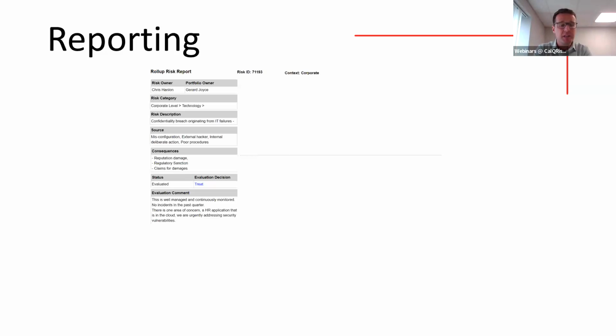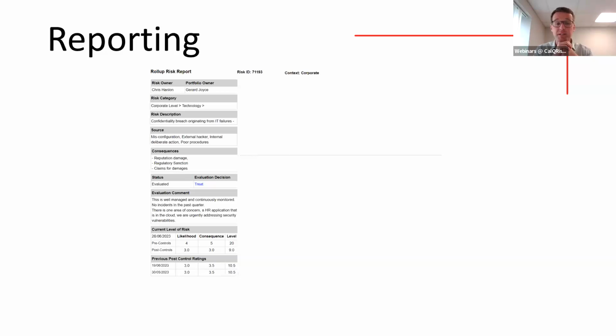You can see on the left-hand side, I have all my high-level risk information, my categorization that we talked about as part of our risk assessment process, some additional stuff around source and consequences, and an evaluation comment that could be coming from my exec director, whoever has ultimate responsibility for that risk. I can see down in the bottom left corner, what I'm actually tracking here is my current level of risk.